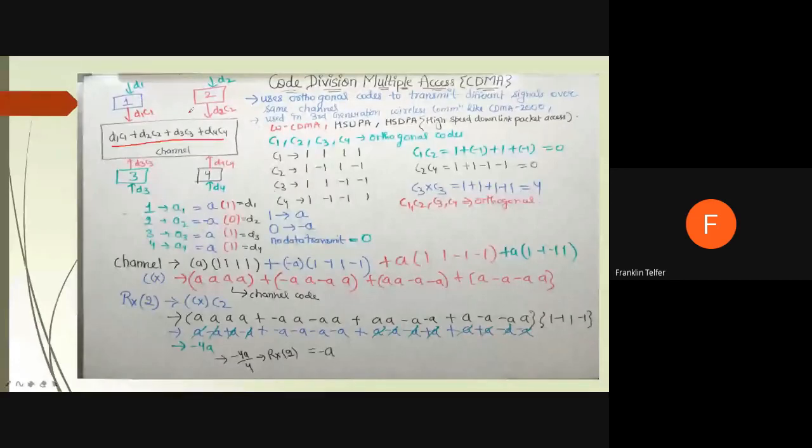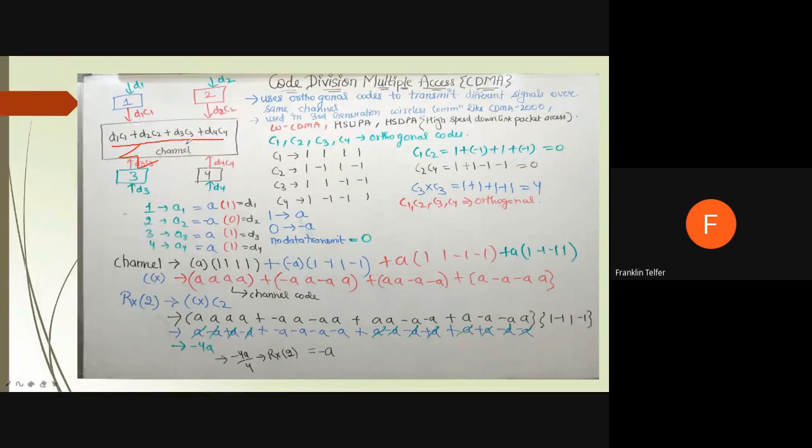Each input is multiplied with a random code, that is C1, the PN sequence, so D1 C1, D2 C2, D3 C3, D4 C4. These are ultimately summed together in the channel. This is what this block shows: in the channel there are four users, and each user gives their own data multiplied with the PN code and added into the channel.